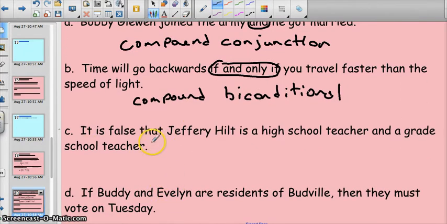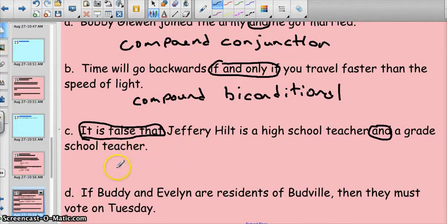Continuing. "It is false that Jeffrey Hilt is a high school teacher and a grade school teacher." Now, there are three things going on here, guys. Be careful. It is false that is a negation. In addition, I see an and, which makes it a conjunction, and there are multiple thoughts being conveyed, which makes it compound.